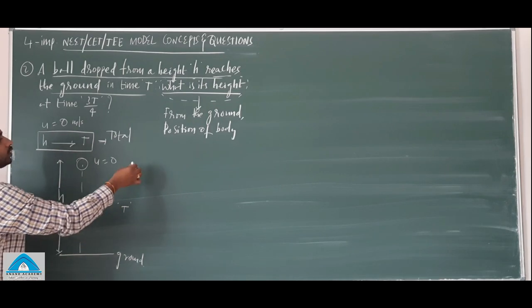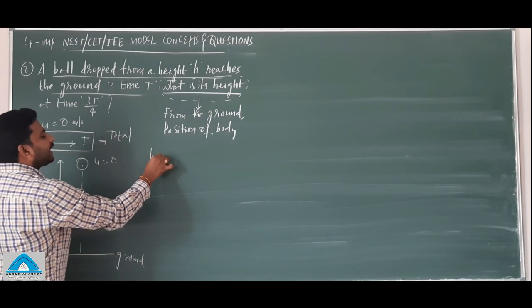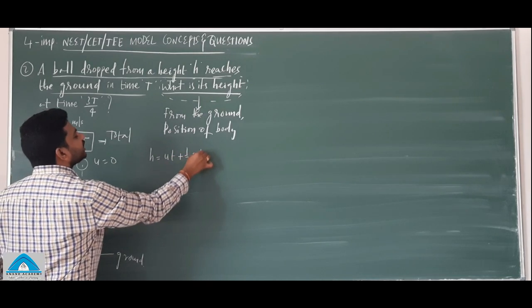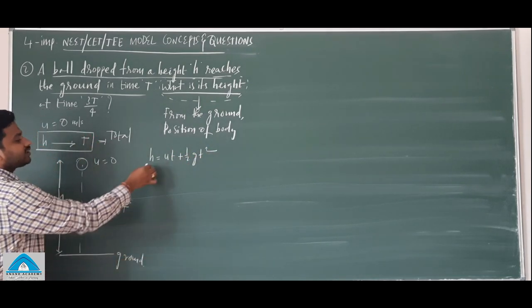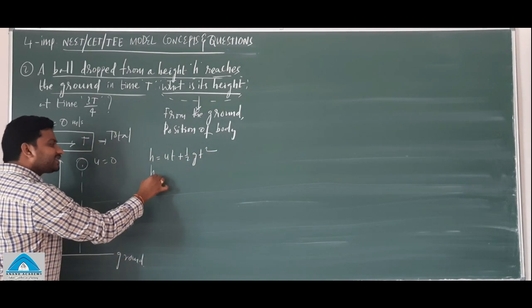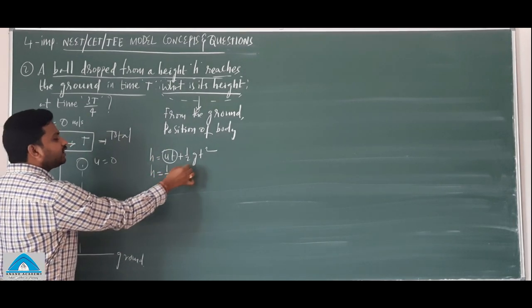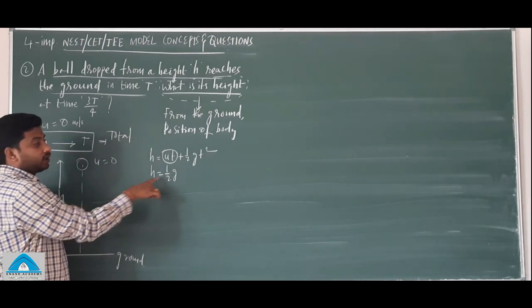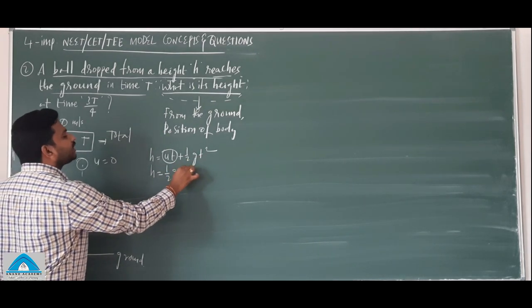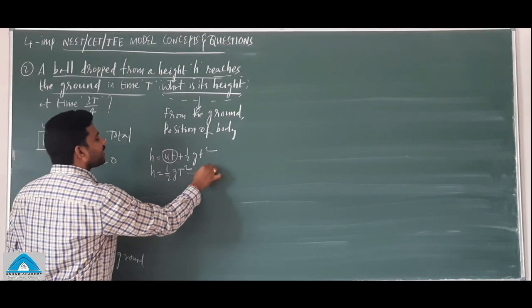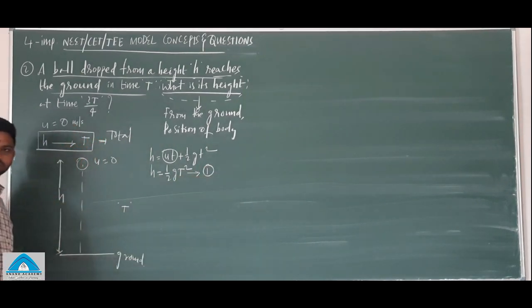Till there, you can use the formula h is equal to ut plus half gt square. So h is equal to, u is 0, half g t square, where h is the total height and t is the total time taken to reach the ground. h is equal to half gt square, as equation 1.